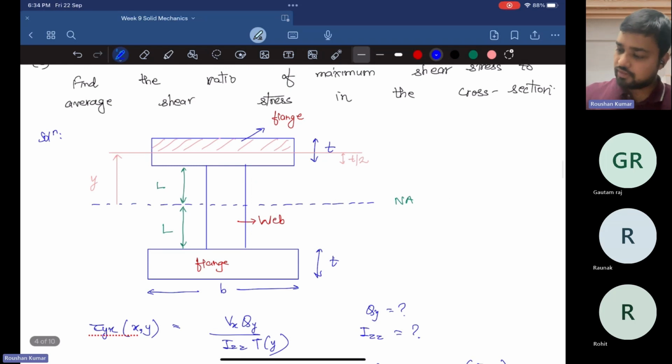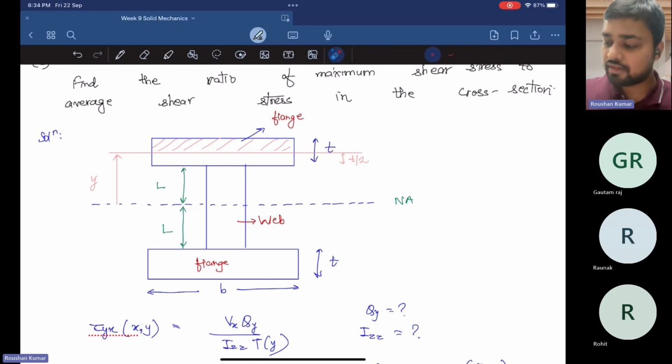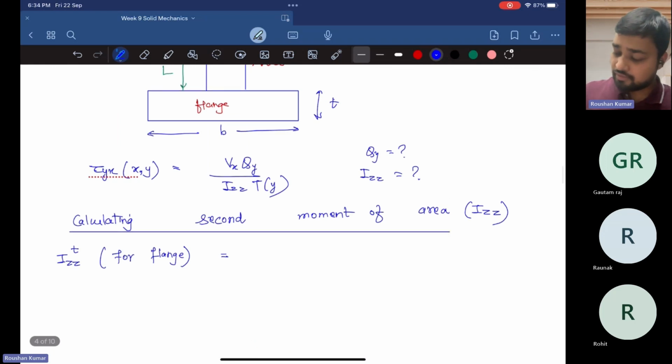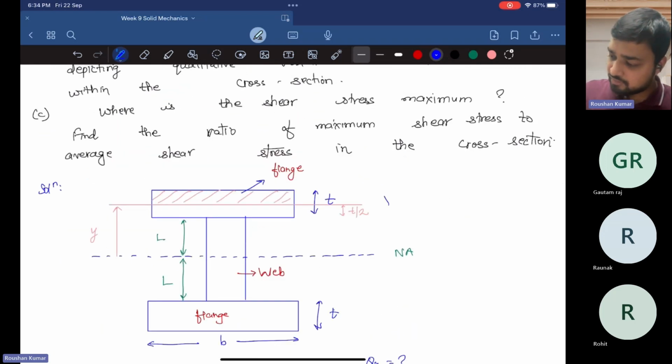So we know if we want to find the second moment of area about this axis, it directly becomes 1 by 12 bt cube. Okay, but we have to find the second moment of area about this neutral axis. So we have to apply the parallel axis theorem. According to the parallel axis theorem, suppose this axis we know and name it as axis 1.